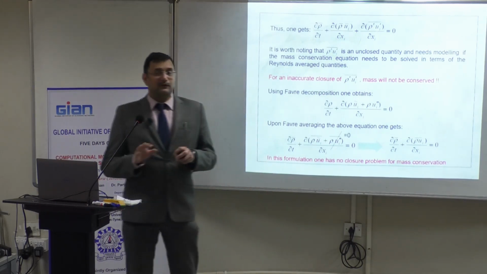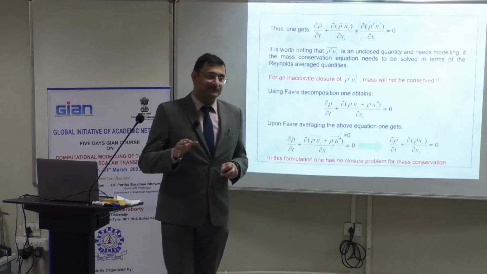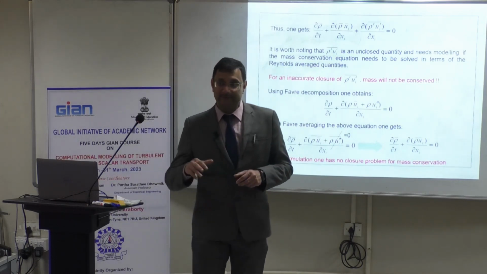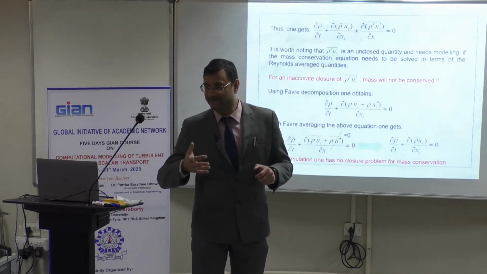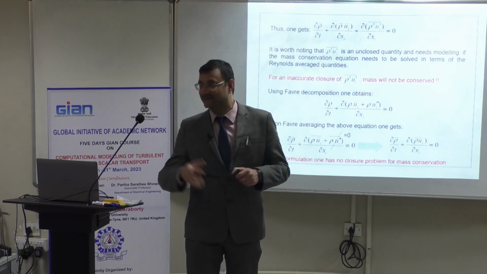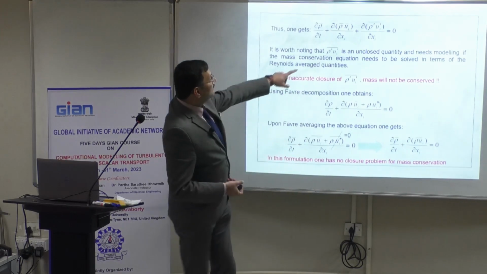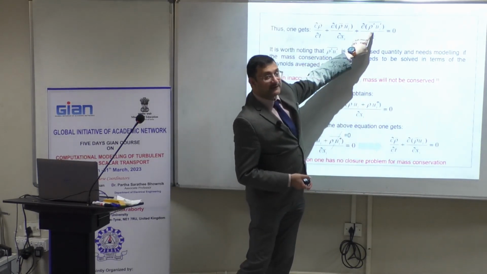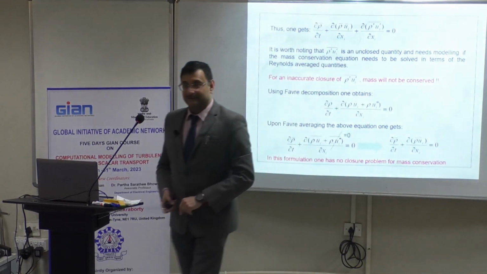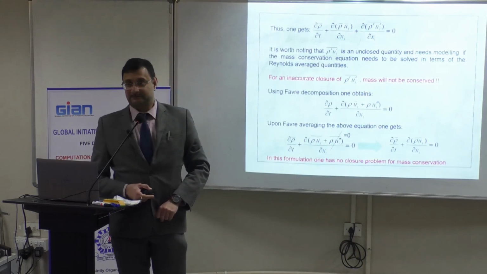And I also showed that in order to do that, effectively you get more variables than the number of equations that you have at your disposal. And that's why you need models, right? Now I have introduced something which is very problematic. This is an unclosed term.